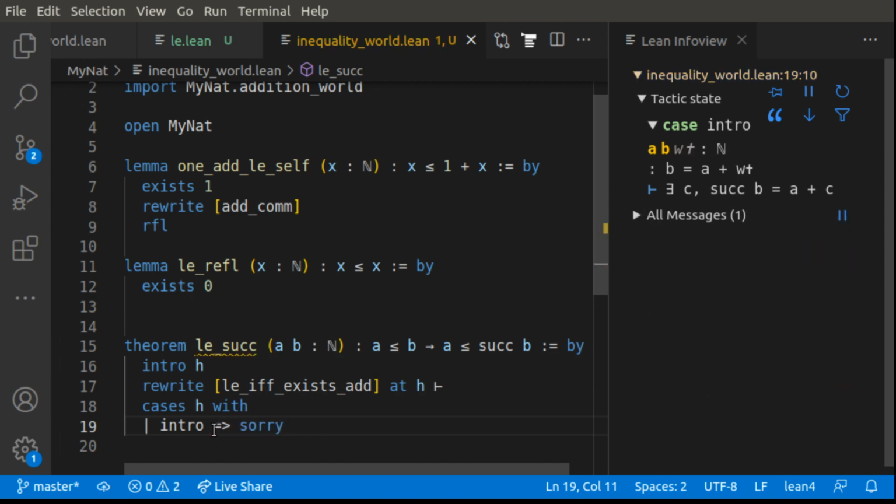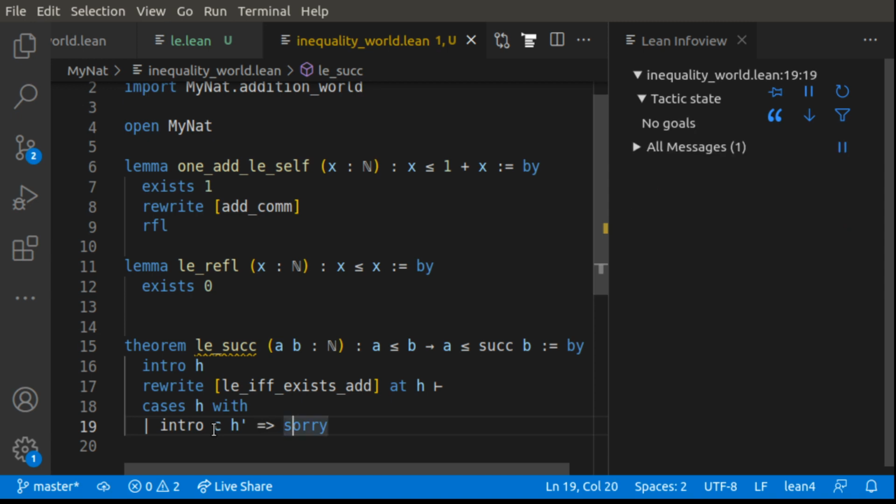Okay, so let's see, this is C is a number, and then hypothesis prime. Okay. Cool. So now we have A, B, C natural numbers, and then we have our hypothesis prime that B equals A plus C. And now we need to show that there exists a C such that successor of B equals A plus C.